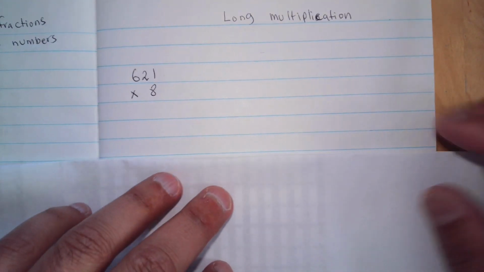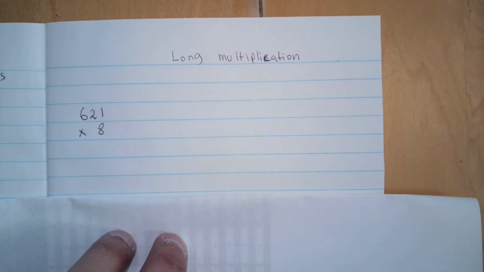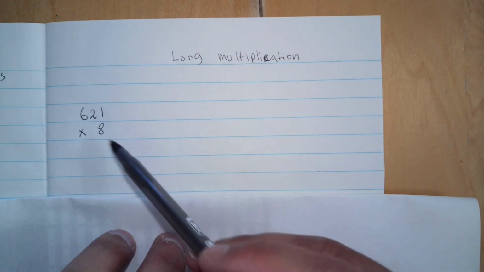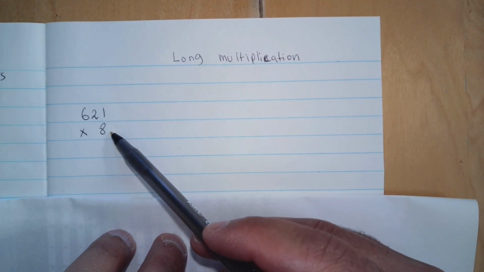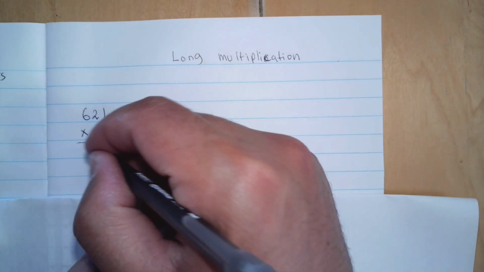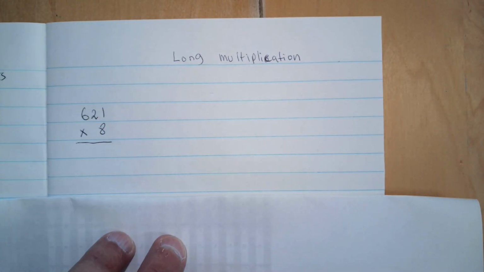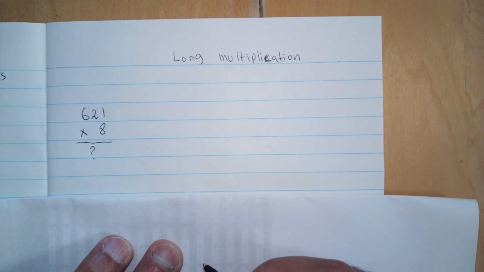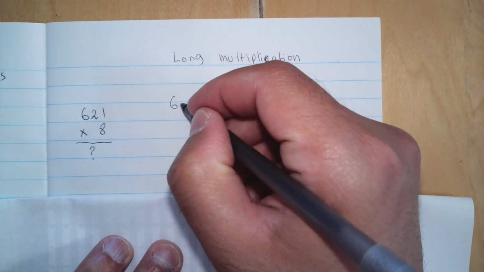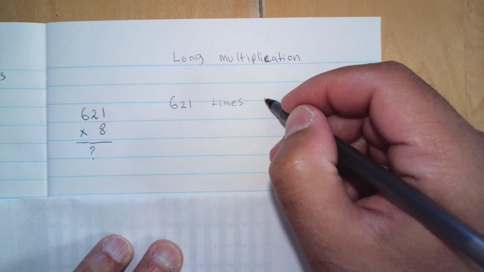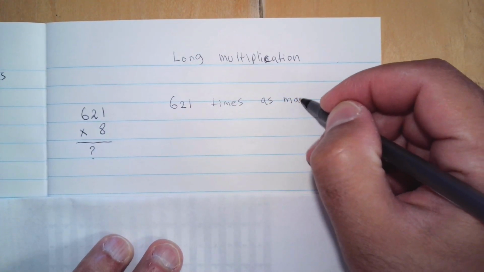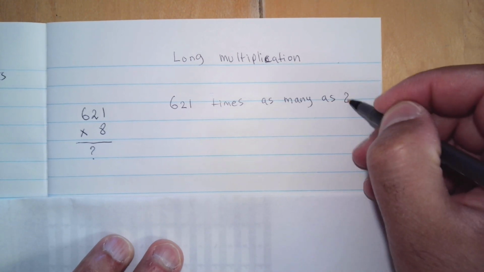And fourth graders, it's very important that we understand what we are solving, what we are trying to answer. So here we have 621 times 8. The question is asking us, what is this number that is 621 times as many as 8?